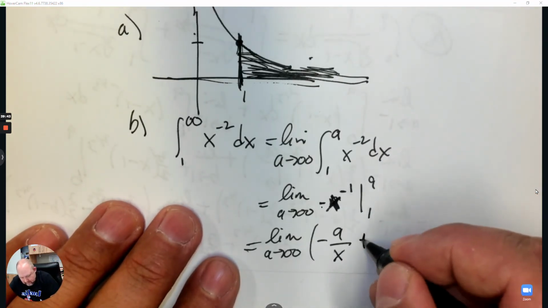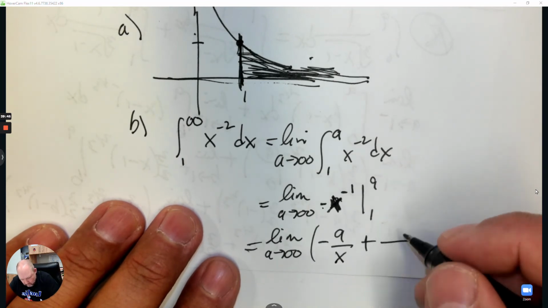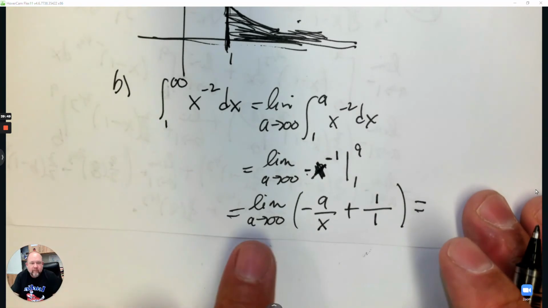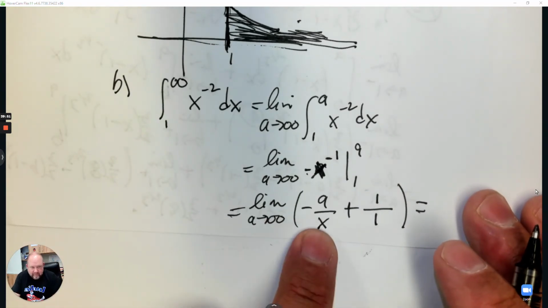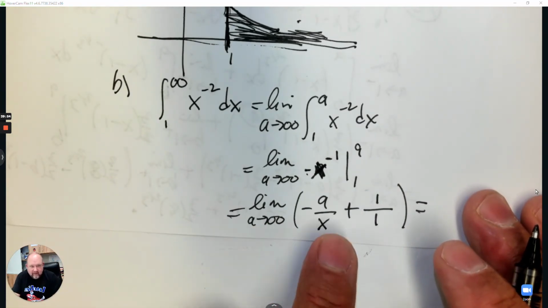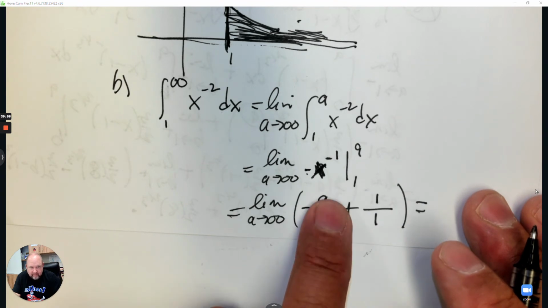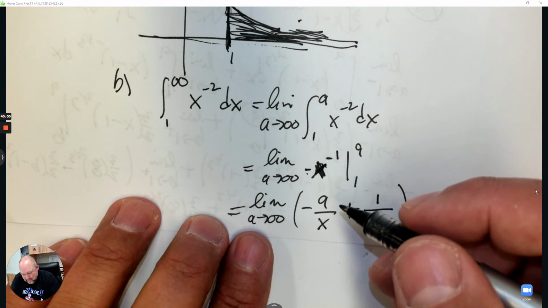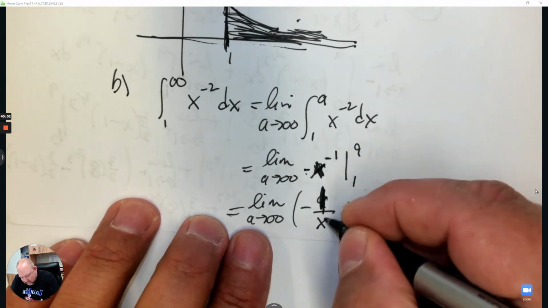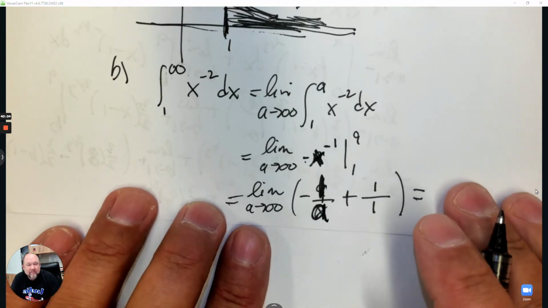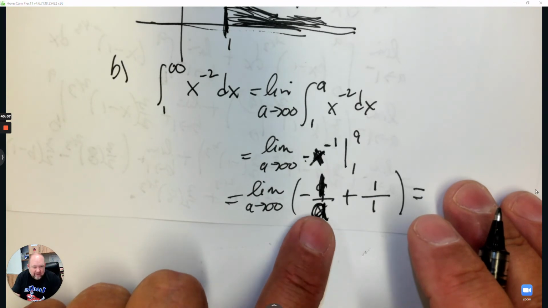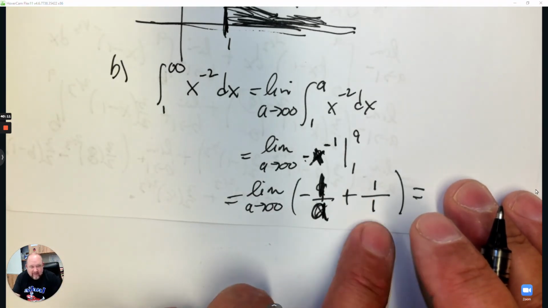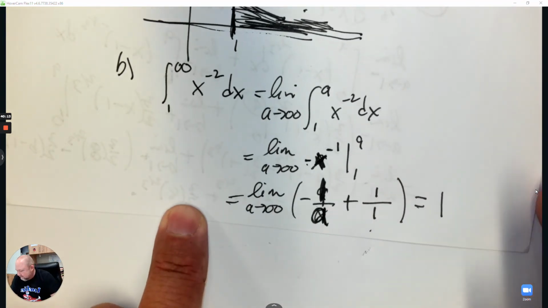When you subtract a negative, it's adding. That's over 1. What happens here? As this approaches infinity, because the bottom is more powerful than the top... oops, where did x come from? This should be 1 over a. There you go. Because the bottom is more powerful than the top, because the bottom's going to infinity, this is 0, and that leaves me the answer, which is 1.